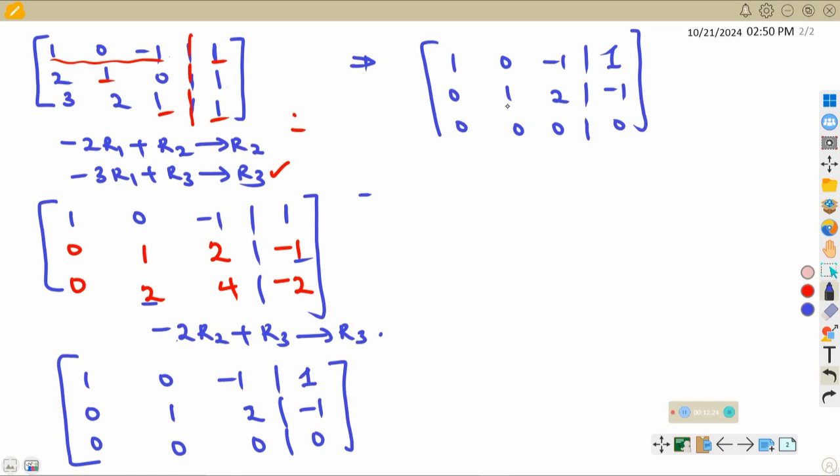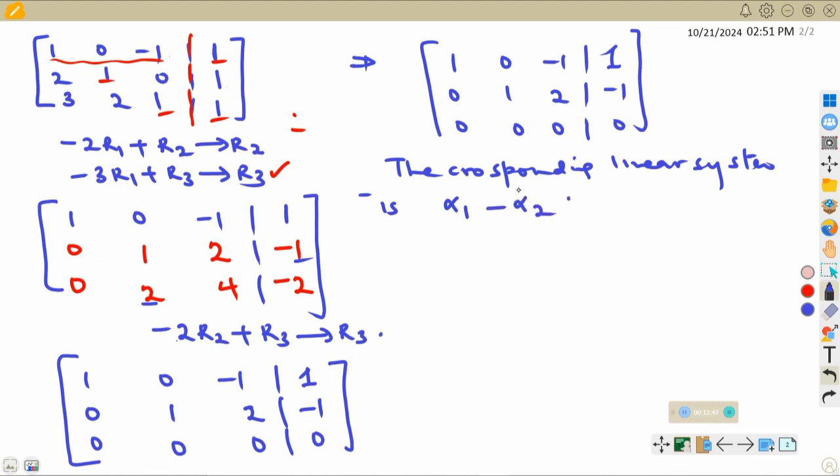So what we can do, we get the corresponding system. So the corresponding linear system is, we shall have this as alpha 1, then plus 0 minus alpha 2, this is minus alpha 3, equaling to 1.